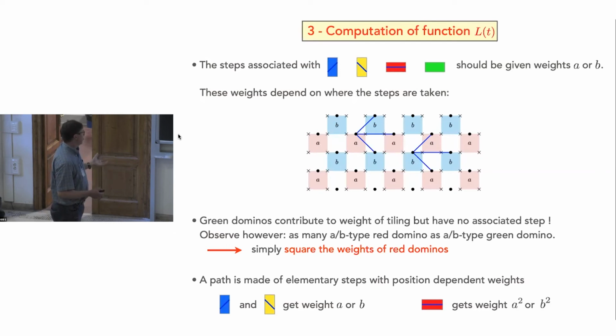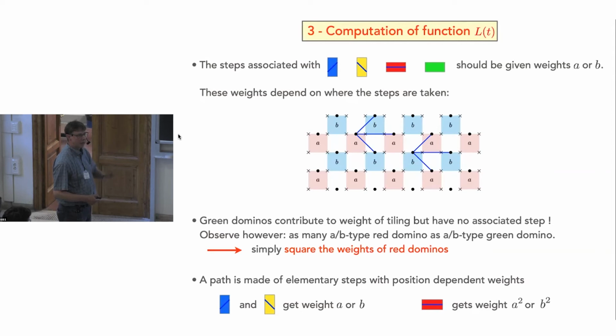Then there's a simple observation to go around this problem: it's not difficult to show that for any red domino of type A, there will be a green domino of type A, and for each red domino of type B, there will be a green domino of type B. So you can transfer all the weights of the green dominoes onto the red ones by squaring the weights of the red dominoes, because the number of A or B type red dominoes is the same as the number of A or B type green dominoes.